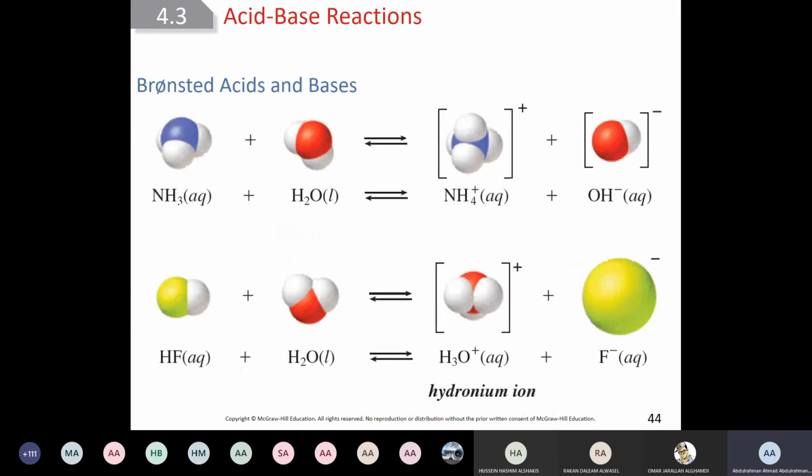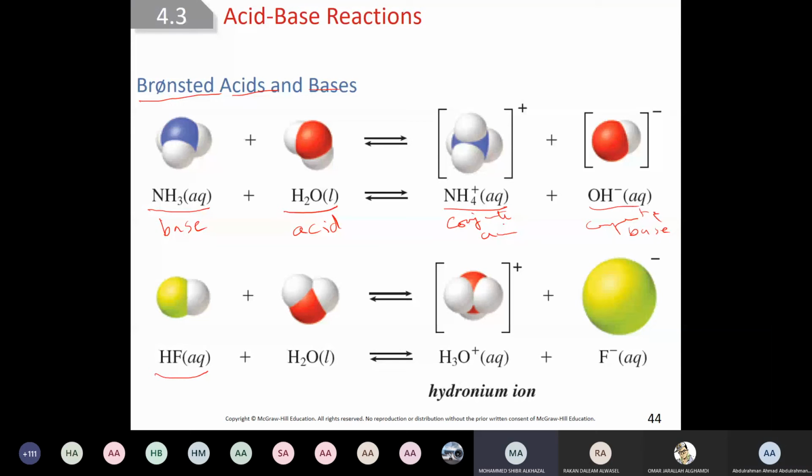Okay, good. Now according to Bronsted, is this acid or base? Base. Exactly. What's this? Acid. What's this? Conjugate acid. What's this? Conjugate base. Very good. How about this one?